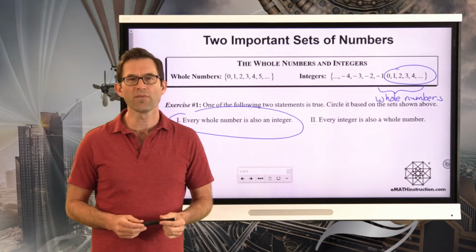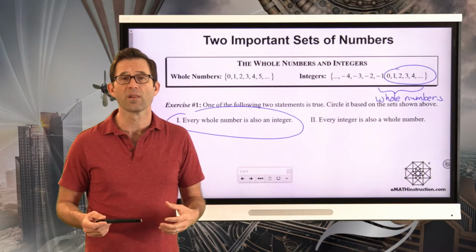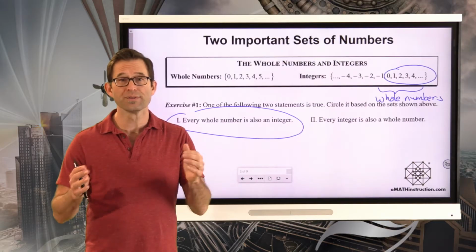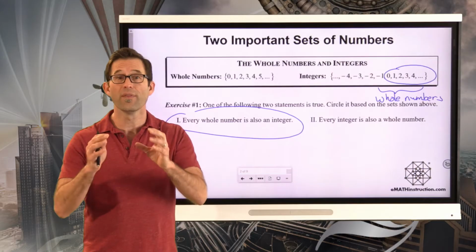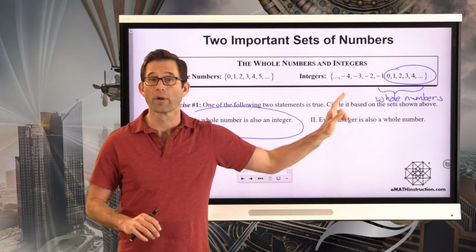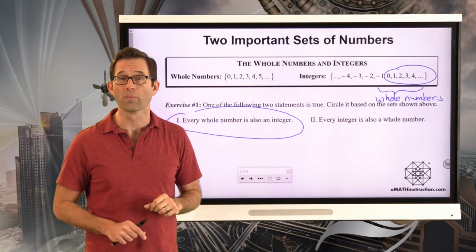It's like categorizing animals: you've got animals, and within those you have mammals, and within those you have other categories. Here we have the larger category of integers, and sitting inside that is the category of whole numbers.